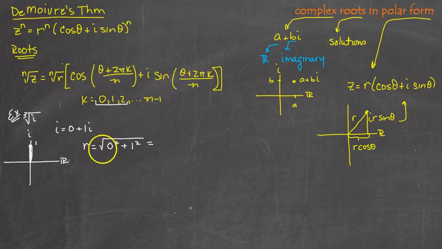So I end up looking for the square root of 1 squared, which is just 1. So I know that my r value, so the cube root of 1, equals 1, and so now I know what I'm going to plug in out front, and then I just have to go and figure these other values out.